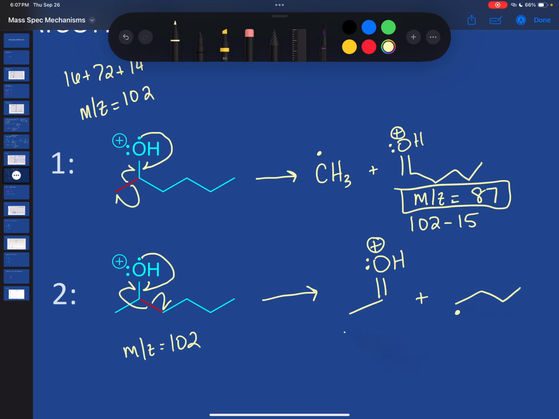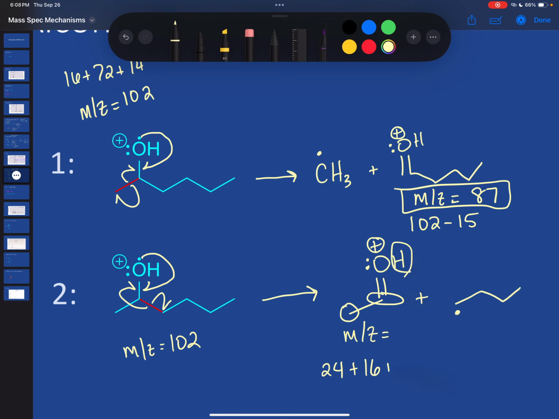And then the radical is going to be that butyl chain with that radical on the end. So here I'm interested in this species for my mass to charge ratio. Not going to lie, I don't know this one off the top of my head like a methyl. So I'm going to go through that process of finding it the old-fashioned way. So I have 2 carbons, so that should be 24. I have an oxygen, and then I should have, let's see, I think 3, 4, 5 hydrogens.